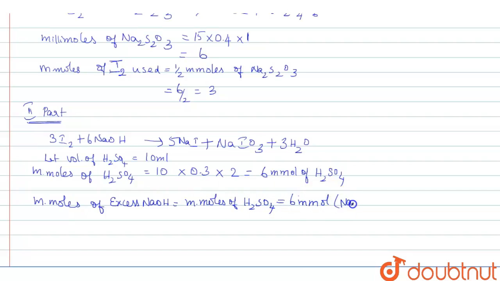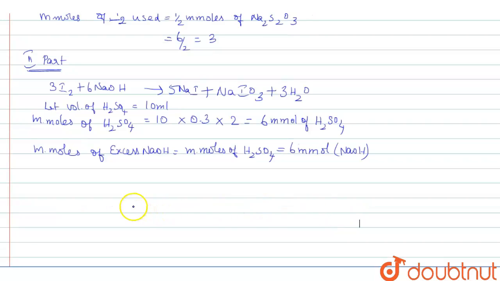This is for NaOH. The next step is the total NaOH used. The millimoles of total NaOH will be equal to 100, as given, into 0.3 into 1, which is 30 millimoles.